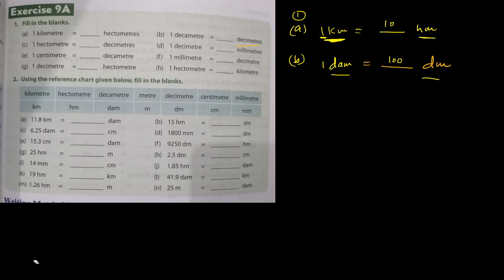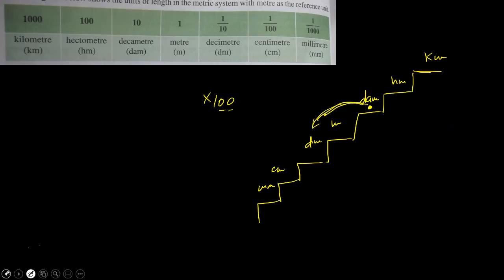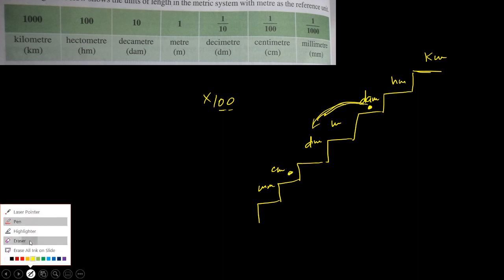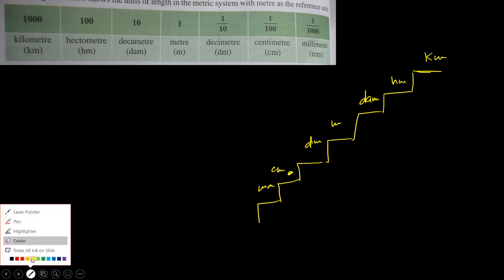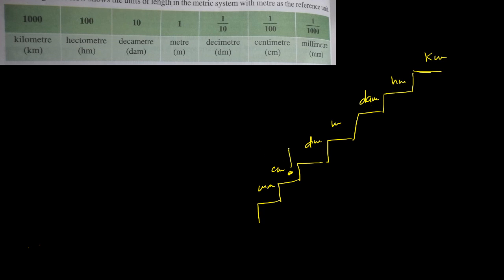So students, let us do the next question, which is part E. 1 centimeter is equal to decameter. So look at the staircase. You are standing on centimeter and you have to go to the decameter, means you have to go here.